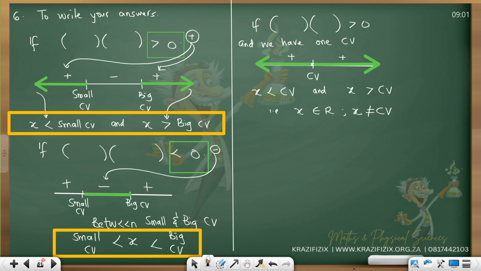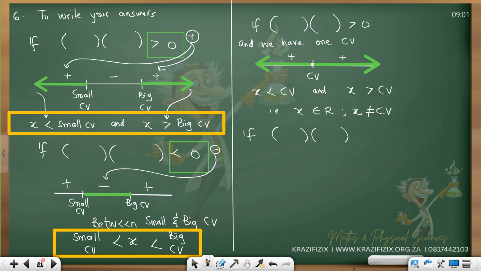I am not saying less than or equal to. I'm not using the equal to sign yet. All right? So x can be all possible values except for the CV itself, because we're saying x is less than the CV. X is also greater than the same CV, but x is not equal to the CV. Okay?